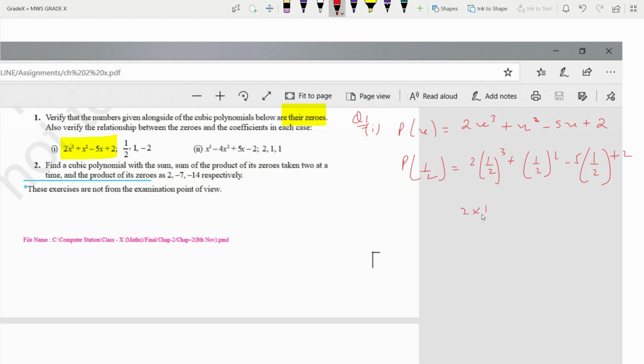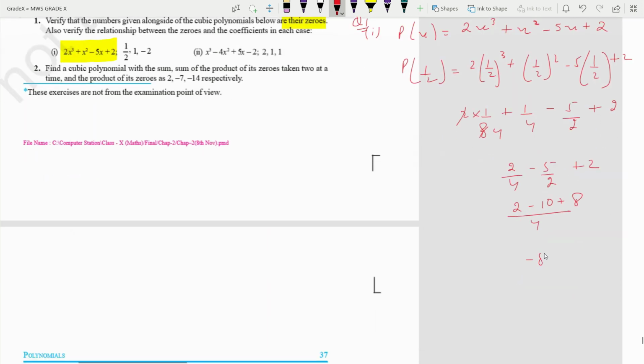So it is 2 into 1 by 8 plus 1 by 4 minus 5 by 2 plus 2. It is then 1 by 4 plus 1 by 4 is 2 by 4 minus 5 by 2 and plus 2. Take LCM 4: 2 minus 10 plus 8. So it is minus 8 plus 8 upon 4, and this is 0 upon 4 equals 0. It means 1 by 2 is a zero.